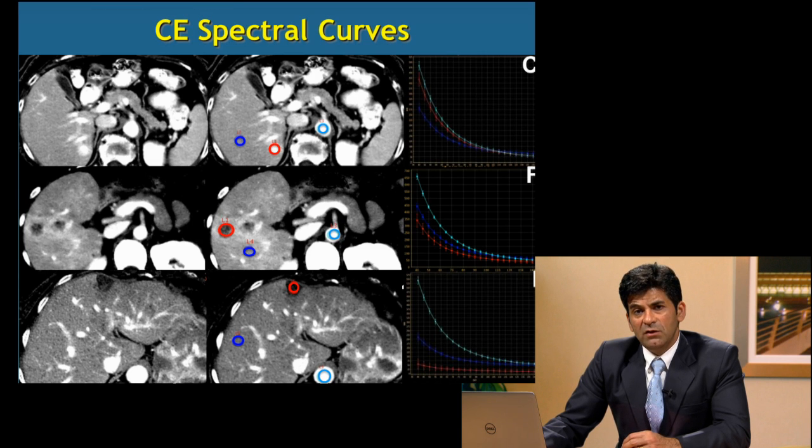There are some new post-processing approaches by looking at the spectral curve. These are, in essence, enhancement curves, and by placing a region of interest within the lesion, we can assess if these are benign lesions such as vascular malformations or hemangiomas that match the curves of vascular structures, cysts that do not show much change on different energy X-ray images, or if it is a tumor which follows more of an enhancement pattern of normal liver parenchyma.